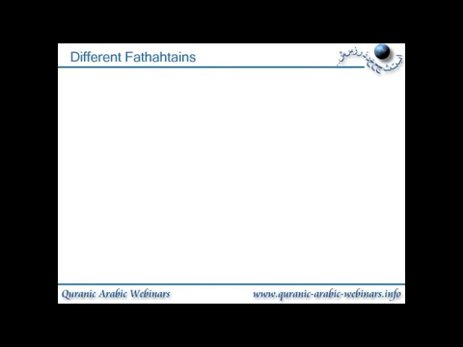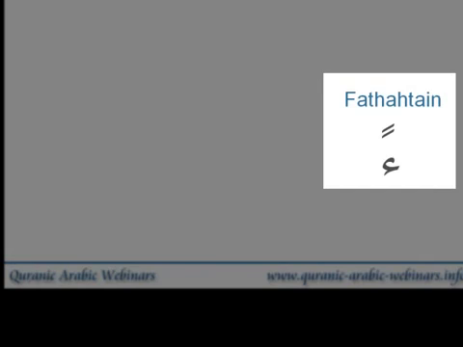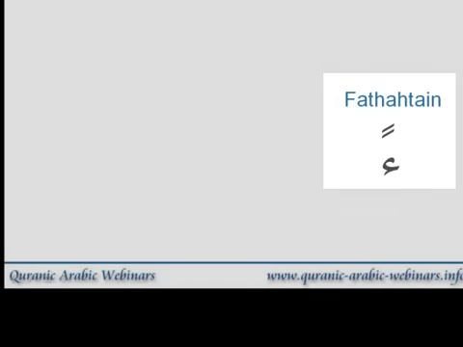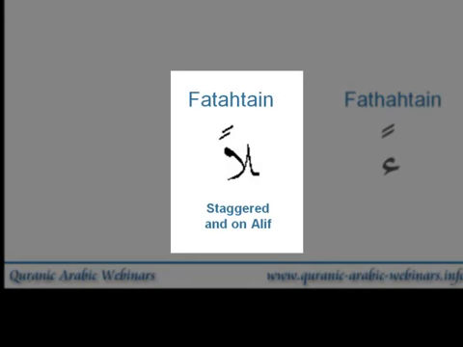Different Fathahtains. The Fathahtain can be written in different ways. Here we have two fathas, which we call Fathahtain, and they're written as you would expect above the Hamza. You will also see some letters, or most of the letters, when they are written with Fathahtain, they will also put an alif added onto the letter.